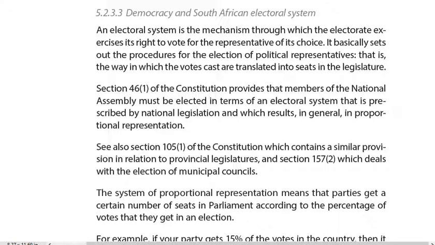Section 46 of the Constitution provides that members of the National Assembly must be elected in terms of an electoral system that is prescribed by national legislation and which results in general in proportional representation. See also Section 105 of the Constitution, which contains a similar provision in relation to provincial legislatures, and Section 157, which deals with the election of municipal councils.